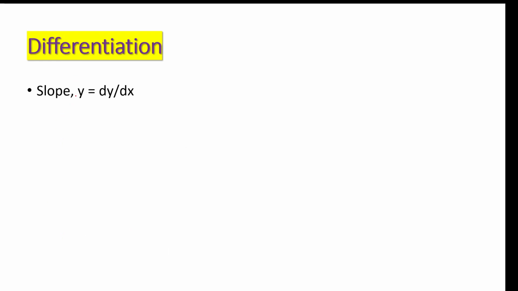As you know, differentiation can represent the slope, which is y prime equal to dy/dx, or the rate of change.